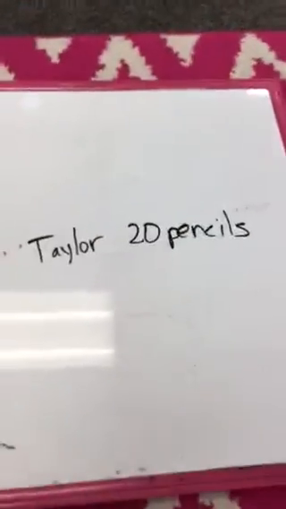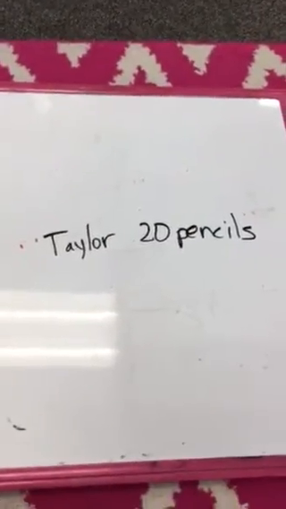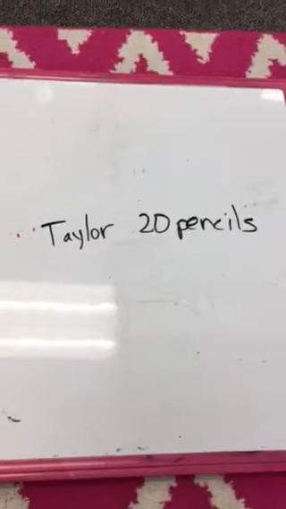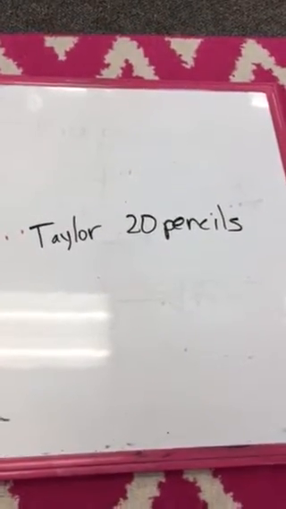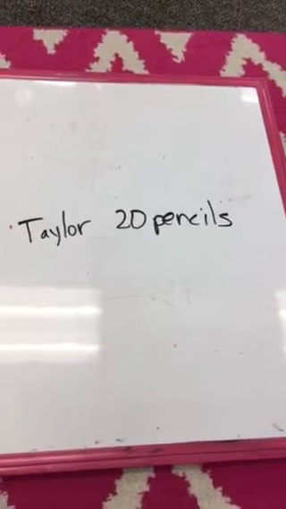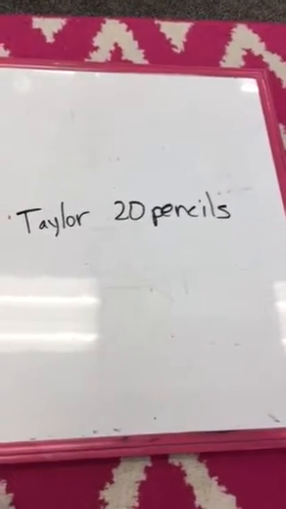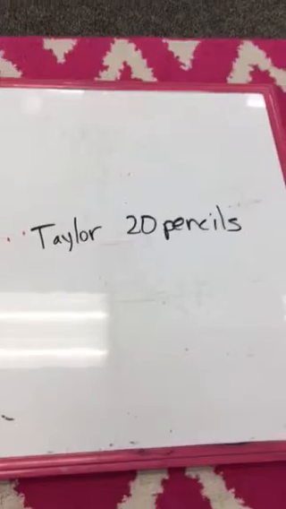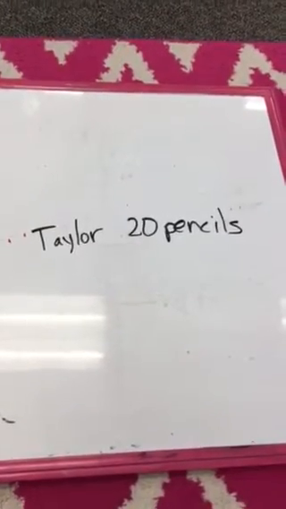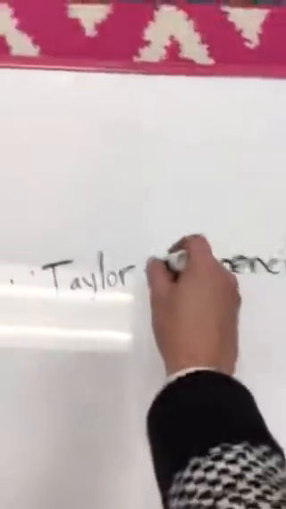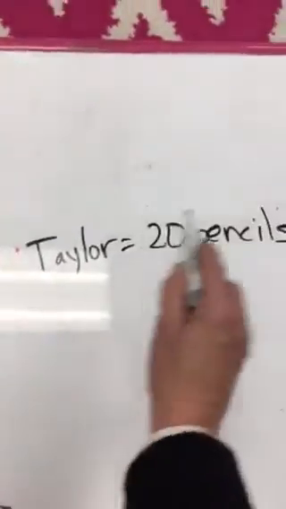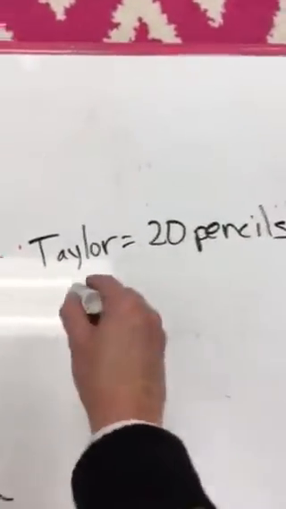Okay, Taylor has 20 pencils, and Michaela has 5 more than half of the number that Taylor has. So if Taylor has 20 pencils, Michaela has 5 more than half of what Taylor has, then I'm going to first have to half what Taylor has, right?